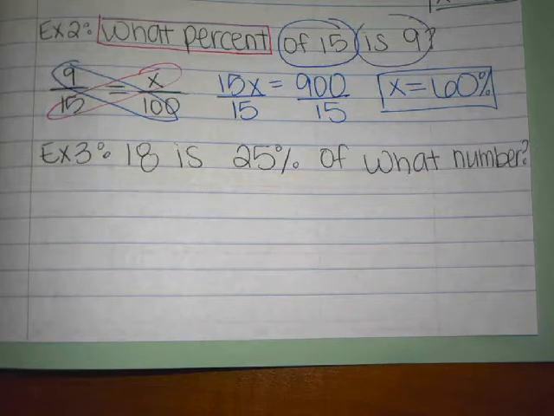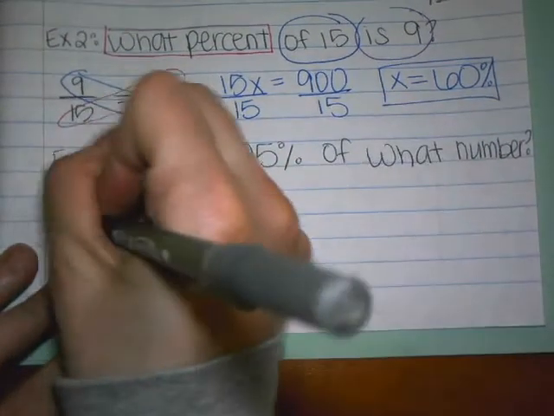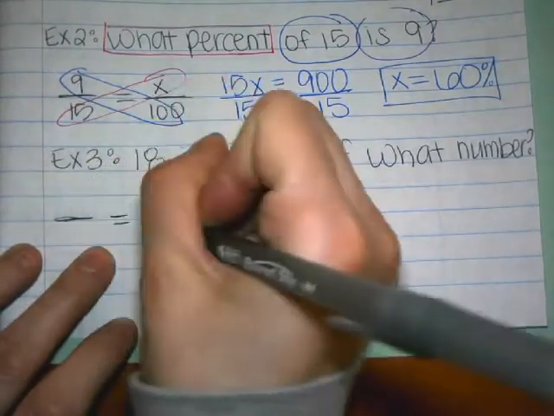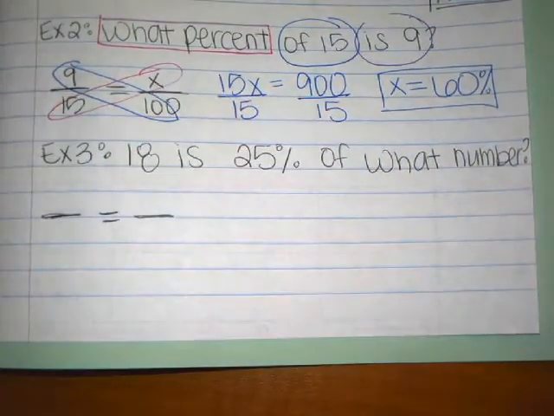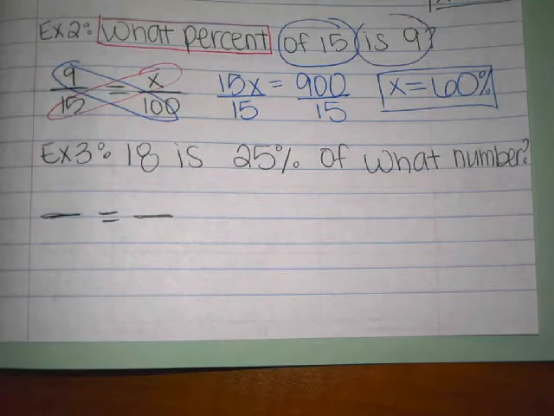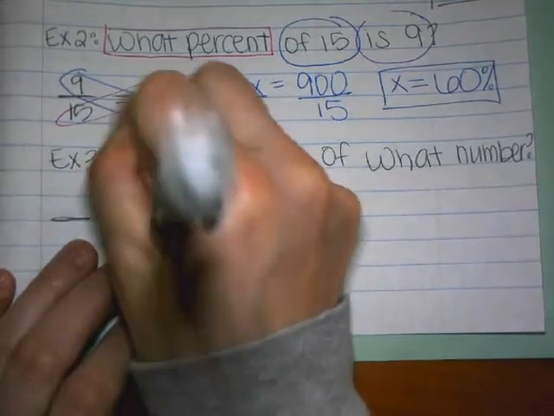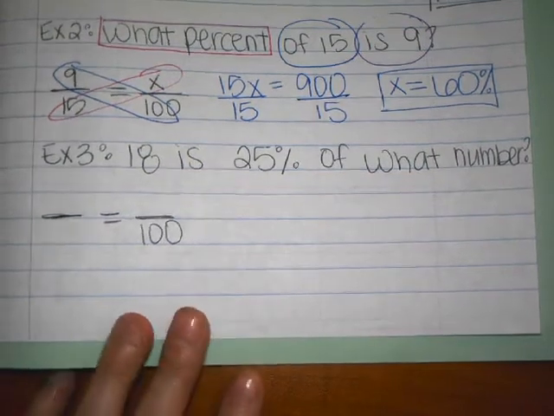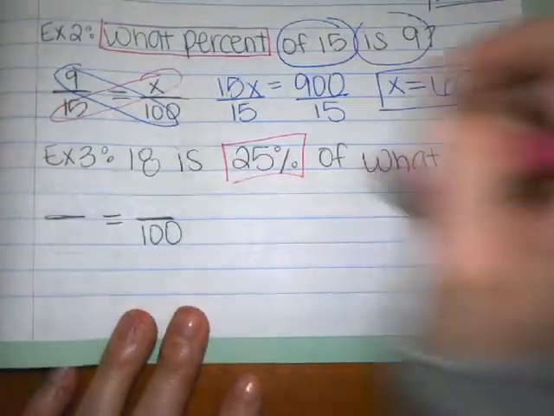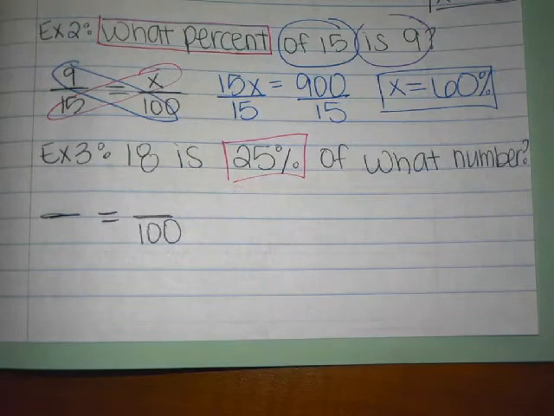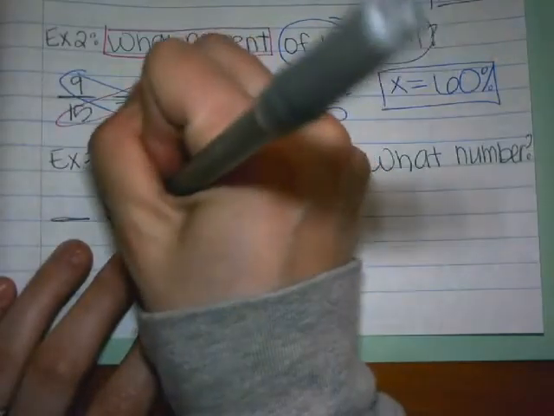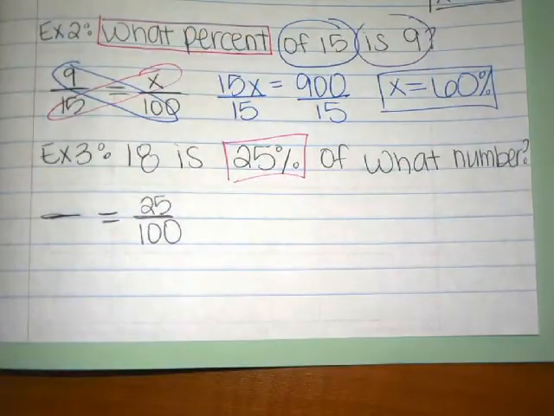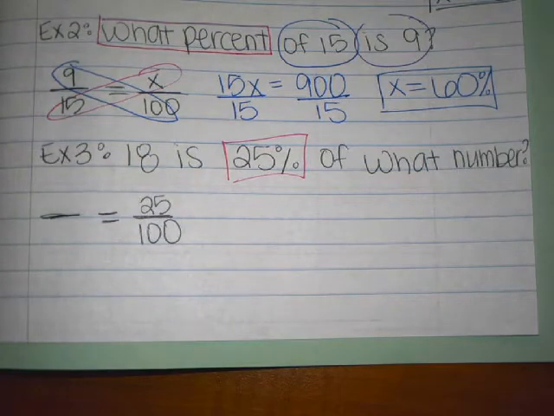Is over of equals percent over 100. So I have my two ratios equal to one another. What number is the first number I should write? Find your percentage. What is my percentage? It says 25%. Where does 25% go? It goes over that 100 because percentages always go over 100.